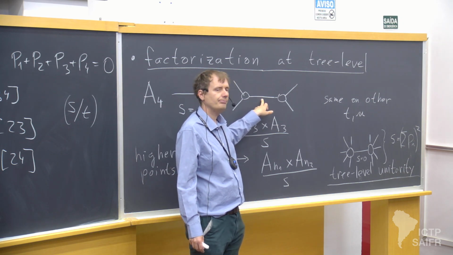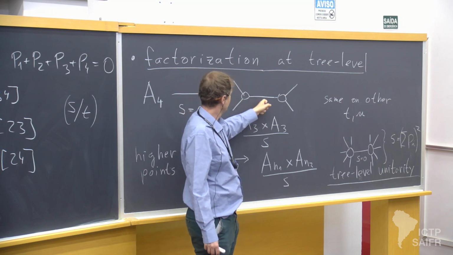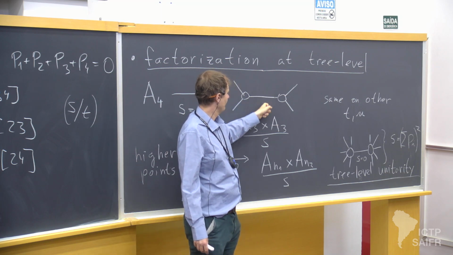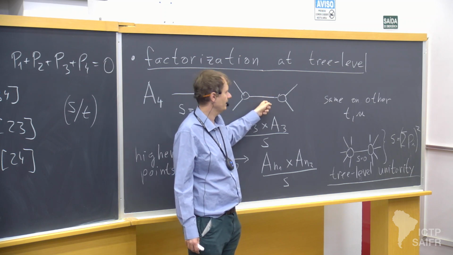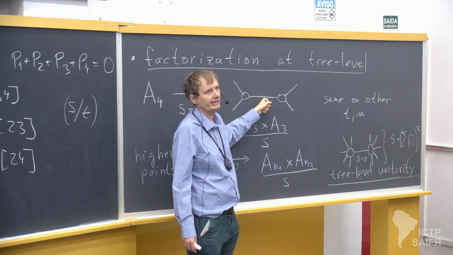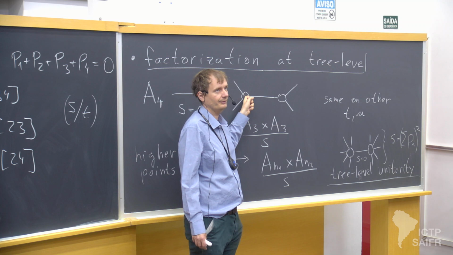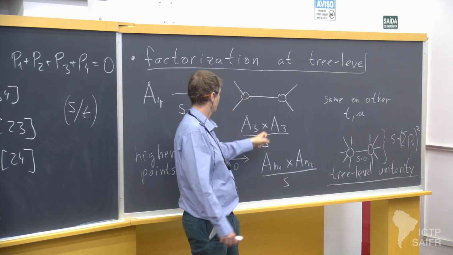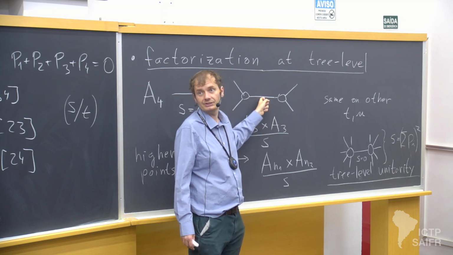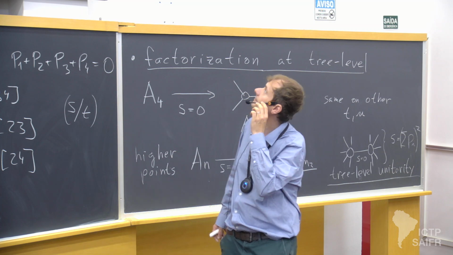But if you sit on a pole, set S to 0, that makes p square equal to 0, on shell. So now this internal line is on shell, and therefore these two 3-point amplitudes are on shell now. If you have massive particles, the only difference is that you will have p square is m square, not 0. But the factorization works as well.